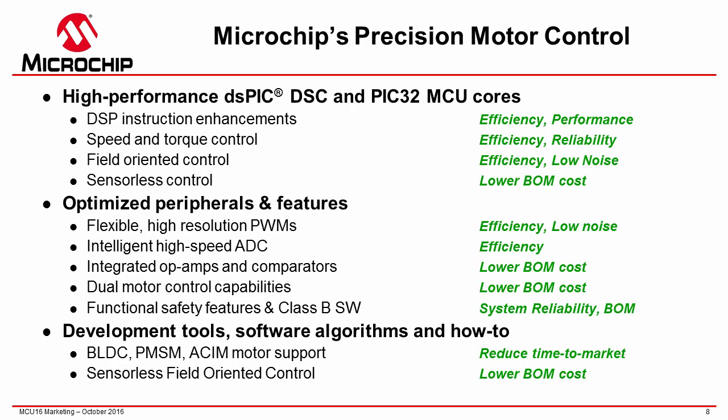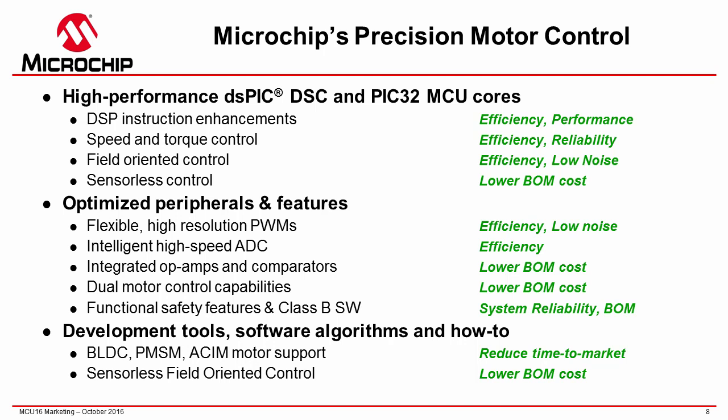Microchip's answer for these high-performance motor control algorithms is dsPIC digital signal controllers and PIC32 MCUs with enhanced DSP instructions to fulfill the requirements for speed and torque control, to do efficient field-oriented control and sensorless control.